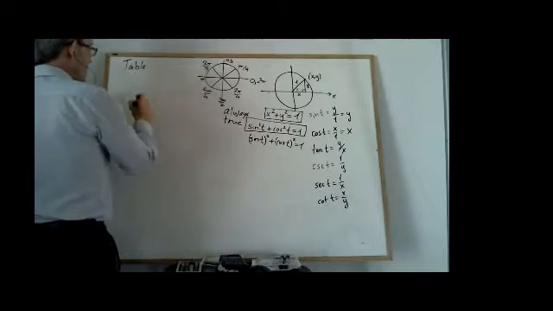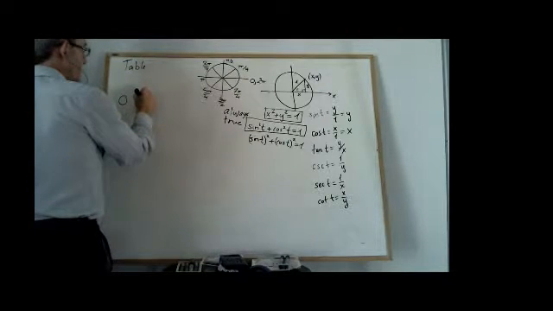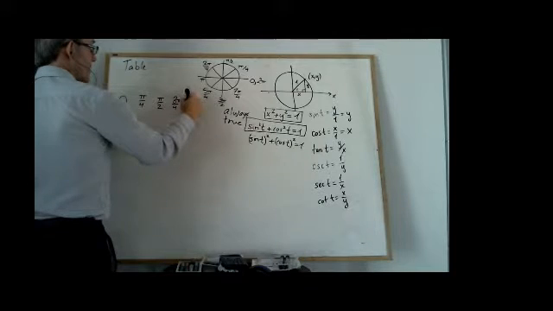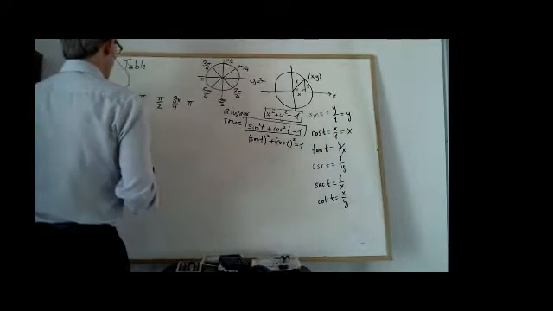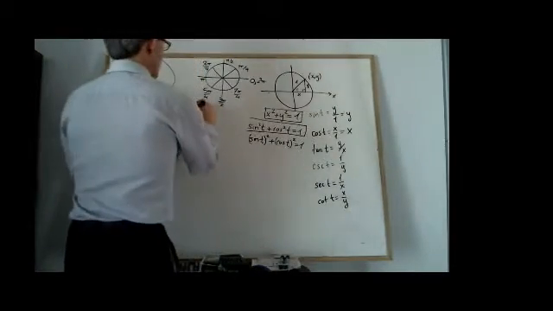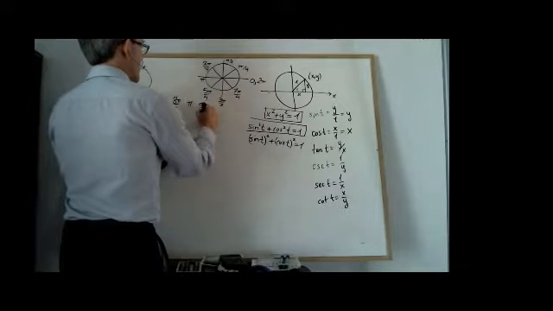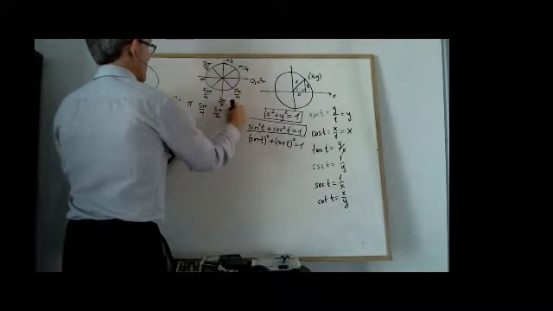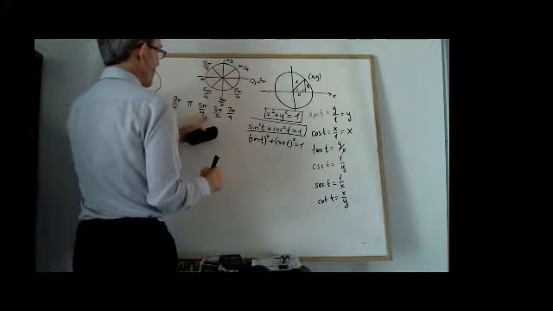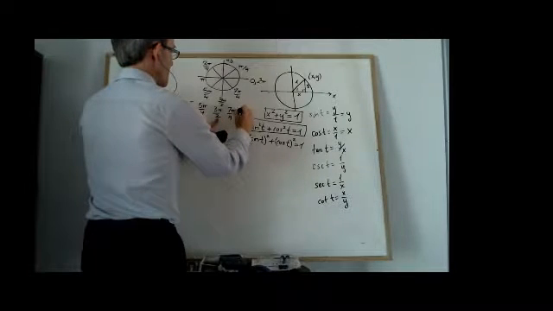So the table, if I write these angles in on the top: 0, pi over 4, pi over 2, 3 pi over 4, pi, 5 pi over 4, 3 pi over 2, 7 pi over 4, and then 2 pi.